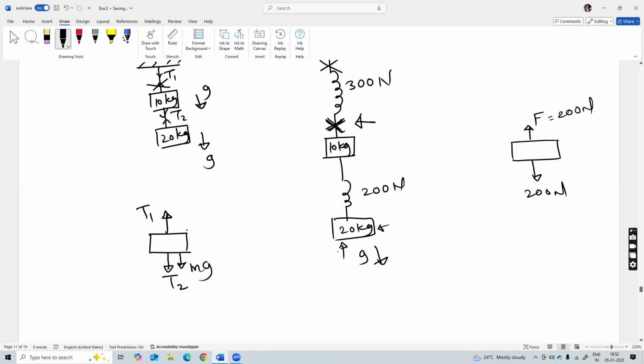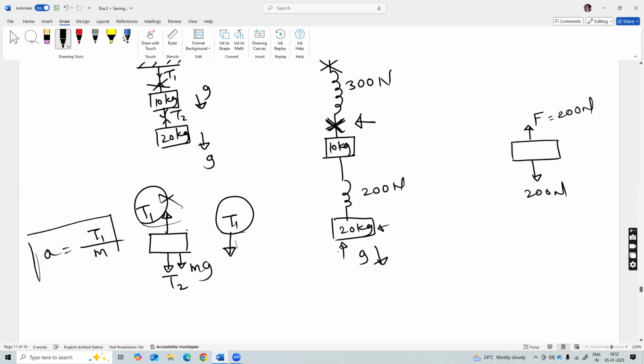If you cut it, this T1 will vanish, meaning net force T1 will act in the downward direction. So this body will get an acceleration equal to T1, the tension in the spring which we have cut, divided by its mass. This will not be equal to acceleration due to gravity g.